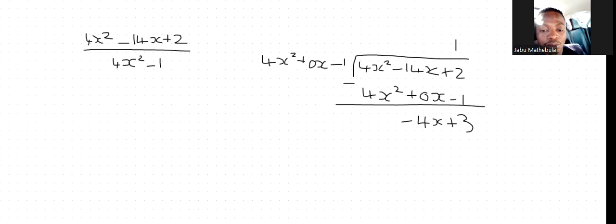So I'm going to write it as 3 minus 14x, all over the denominator.